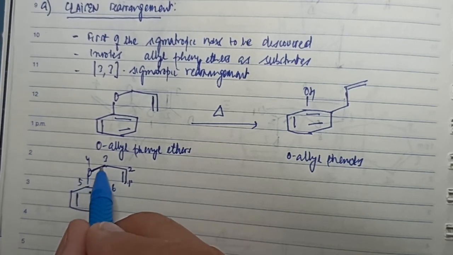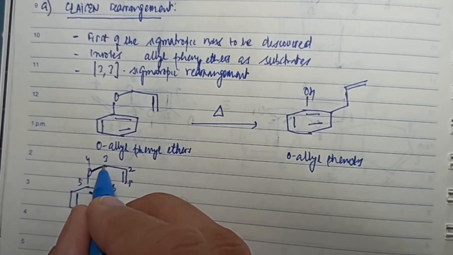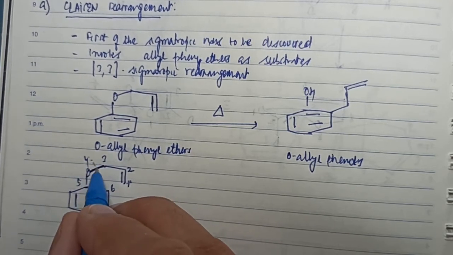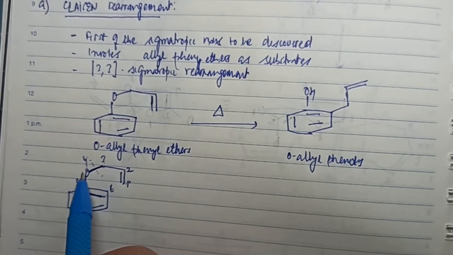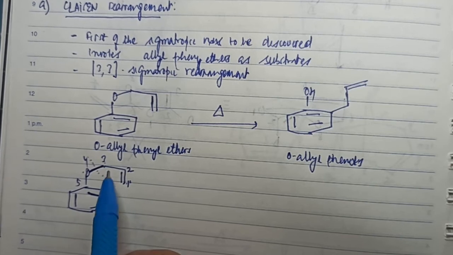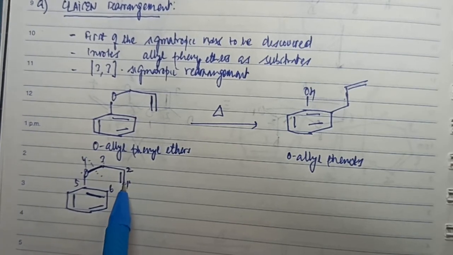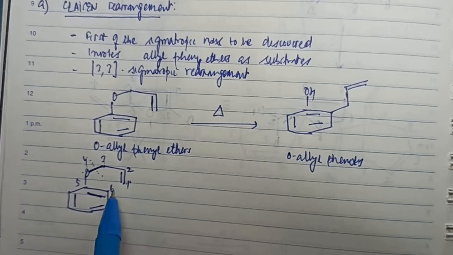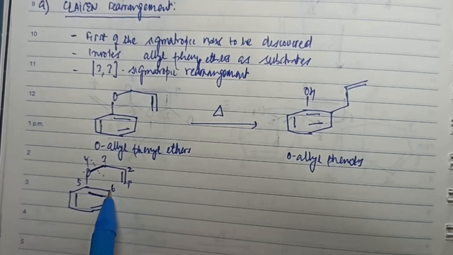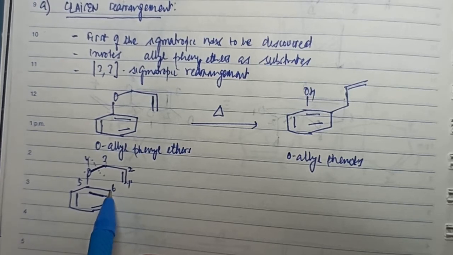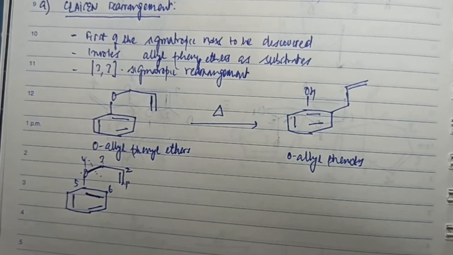This oxygen is sigma bonded to this sigma bonded group. Therefore, we think of the hypothetical cleavage of this bond here, as in all sigmatropic reactions, the bond which is breaking is given 1,1 numbering, subsequent atoms are given 2 and 3 numbering. Since the third atom of the sigma bonded group joins the pi framework, the value of i is 3, and since it is the third atom of the pi framework onto which the sigma bonded group is joining, the value of j is 3, and hence this is a 3,3 sigmatropic rearrangement.